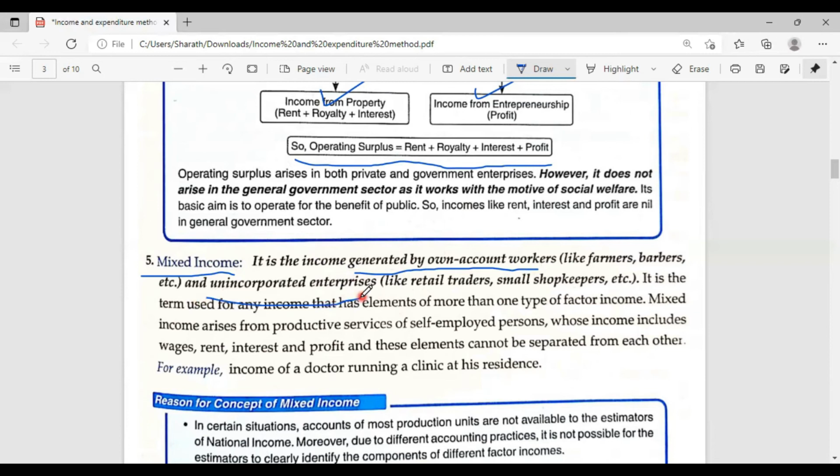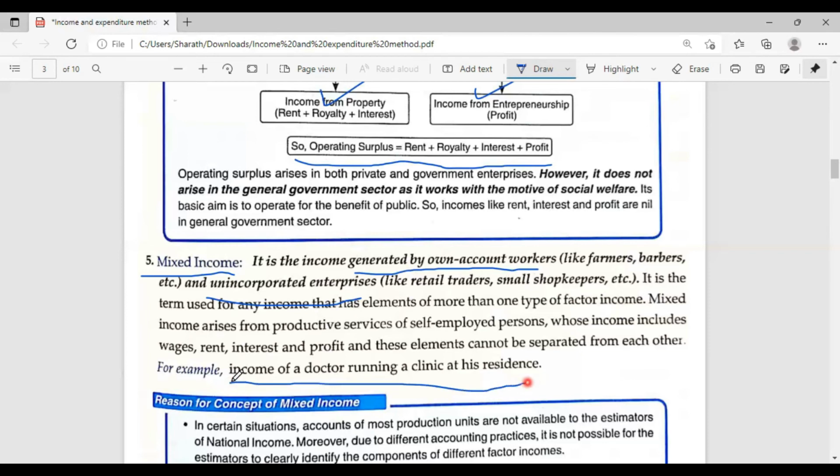When someone is running a business in his own residence, using his own labor and his own investment, everything by himself, it is quite difficult to segregate the factor incomes. So we consider his income, which is a combination of all, as a mixed income. Of course, we are going to add this mixed income while measuring national income in the income method. An example is the income of a doctor running a clinic at his residence. His income will be considered as a mixed income.